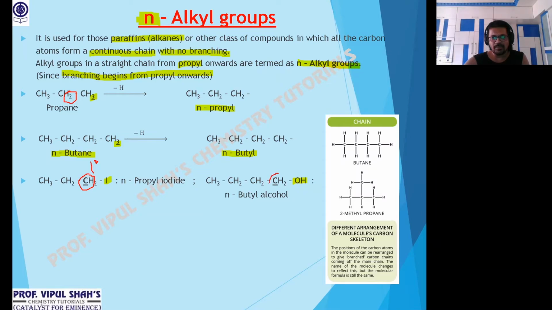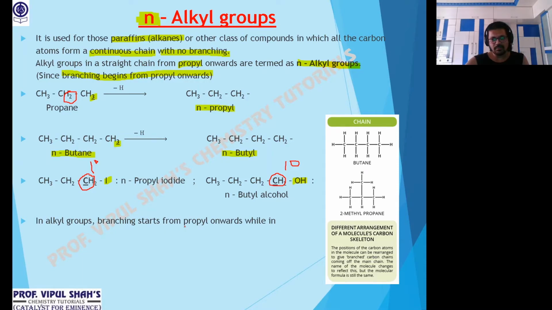Here, the carbon attached to OH, that's again attached to one carbon only. So this nature is again 1 degree. All right. So both examples where the functional group is attached to only one other carbon, that's called as the N-alkyl part.